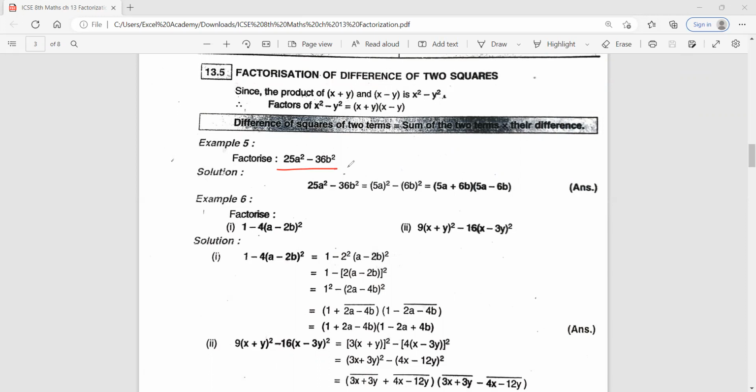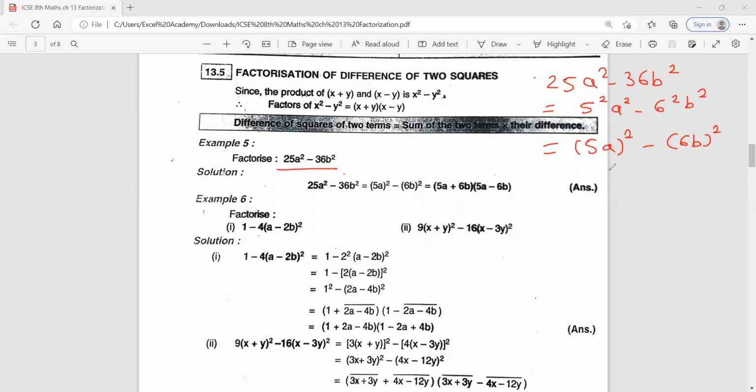Let's do some examples. So let's say we have to factorize 25a square minus 36b square. Can you tell me how 25 can be written as 5 square, a square minus 6 square, b square, right? Now, law of indices, a square b square is ab whole square. So can I write like this, 5a whole square minus 6b whole square?